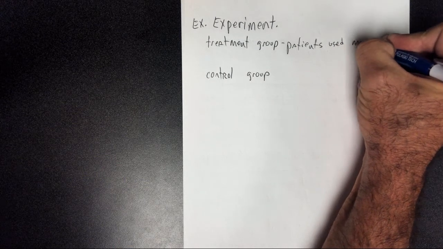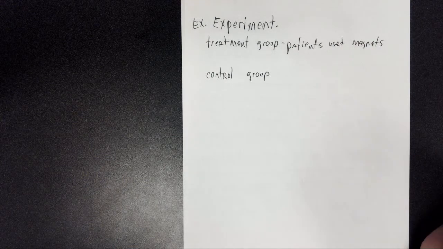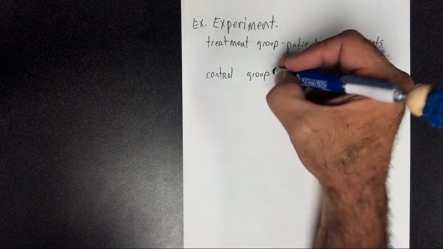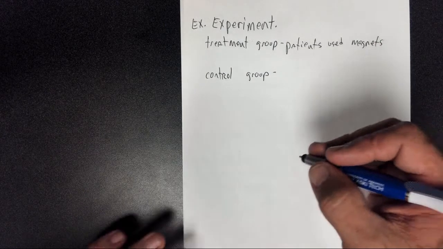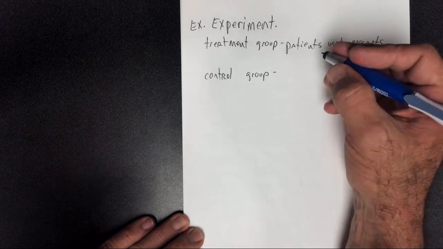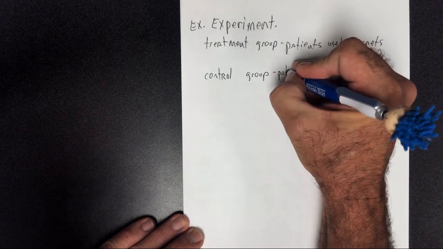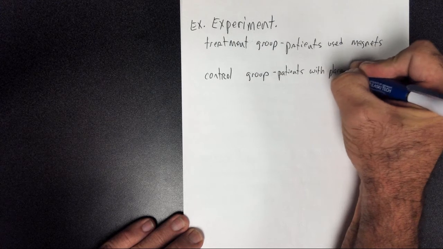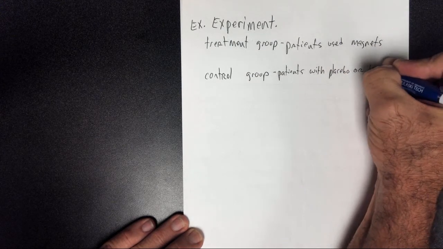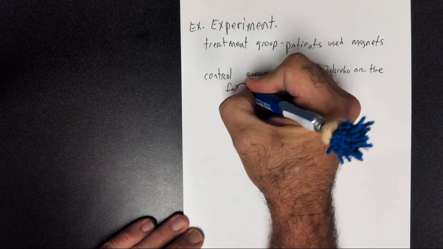Right? They're the ones we were trying our procedure on, the patients with the magnets. The control group, well, that has to be the other ones that had the placebo or the fake magnet. So this would be patients with placebo or the fake magnets, so that you remember what that placebo means.